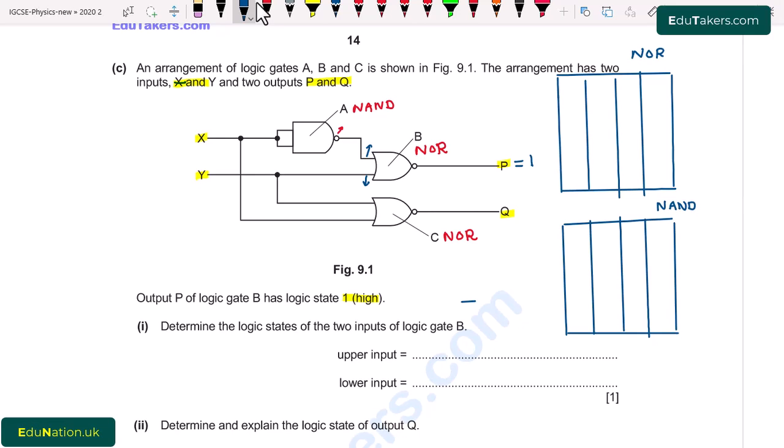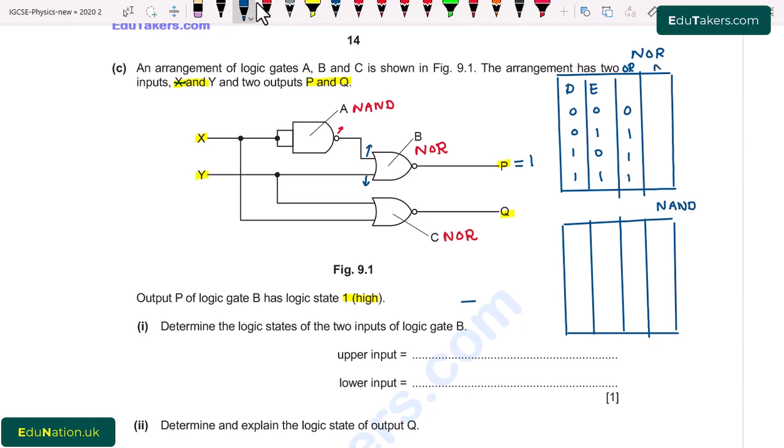Let's suppose the two inputs are represented by D and E. It is 0 0, 0 1, 1 0, 1 1. When I take OR of both these, then I get 0 1 1 1.